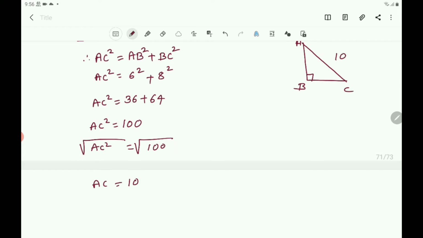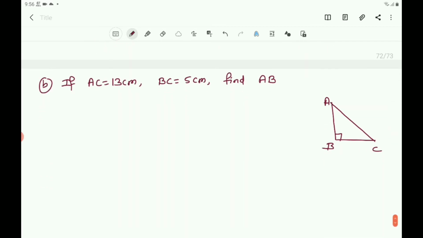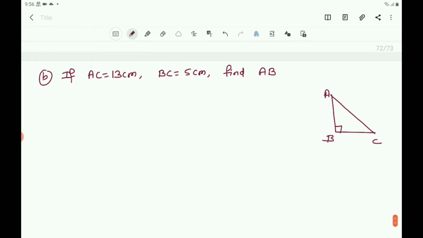Now the second question. The second question is the same triangle. Angle B is 90 degrees. AC is given. BC is given. We have to find AB. Again you write in triangle ABC, AC² equals AB² plus BC².